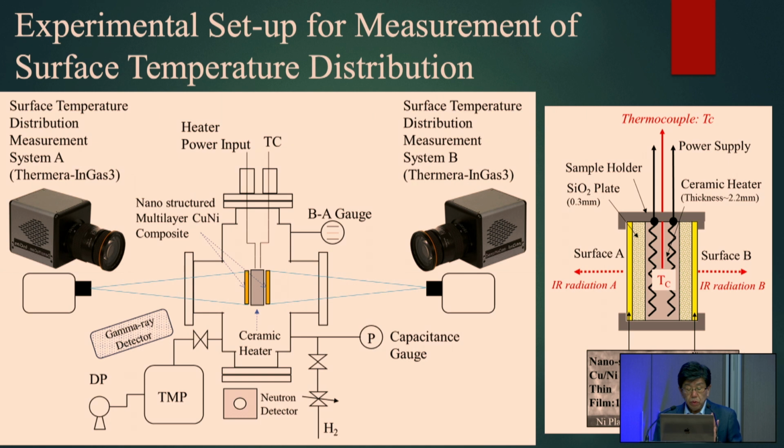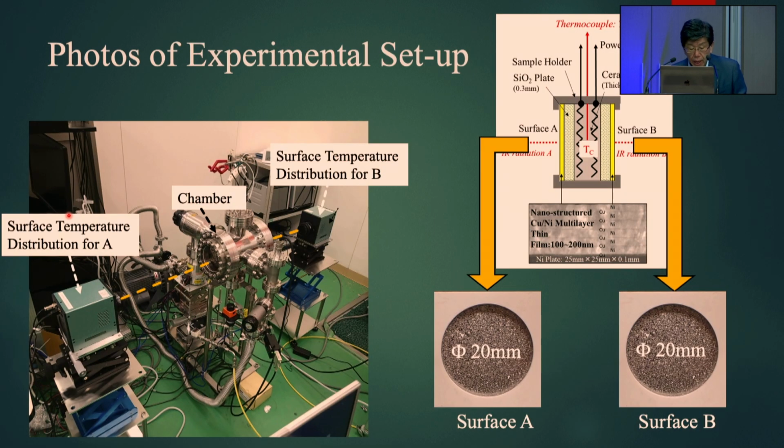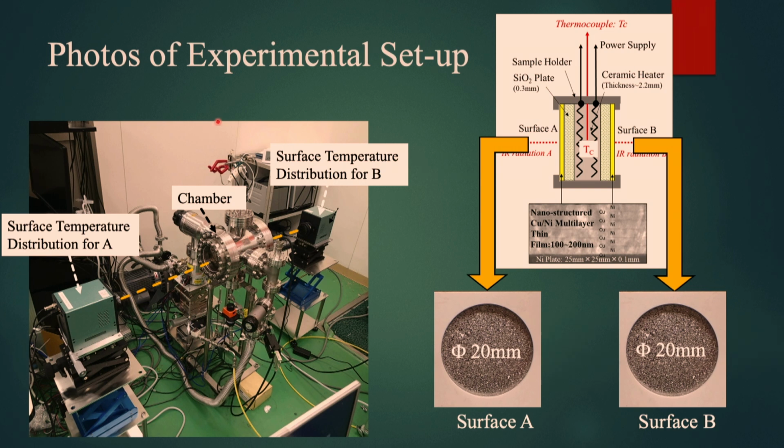This is a new experimental setup for measurement of surface temperature distribution. This is the surface temperature distribution measurement system. We introduced two systems. These are photos of the experimental setup.